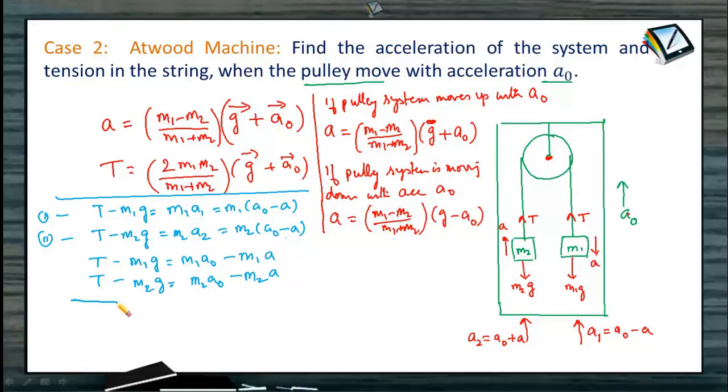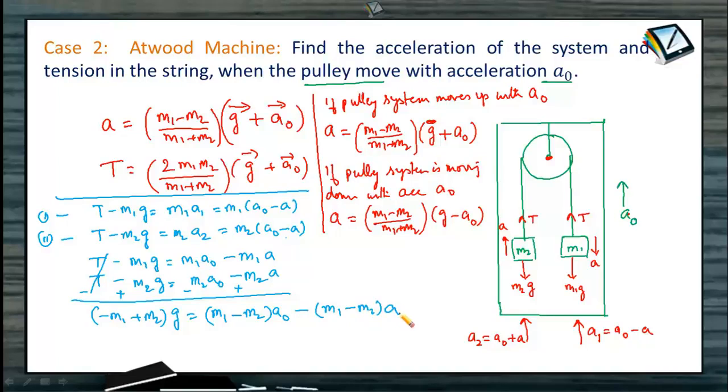Now we need to eliminate T. Subtracting, we get minus (M1 minus M2) G is equal to (M1 minus M2) into A0 minus (M1 plus M2) into A. So what will A be equal to?